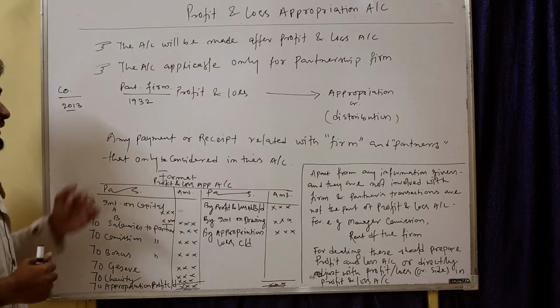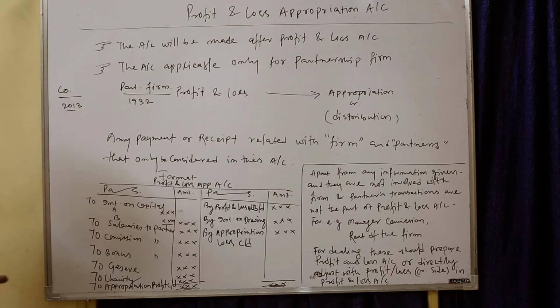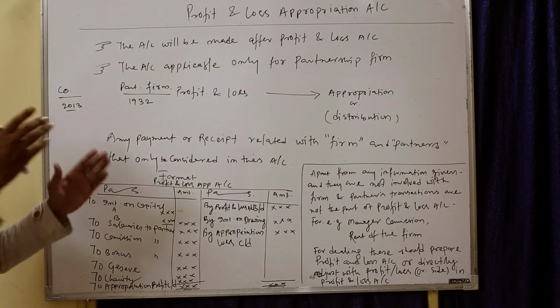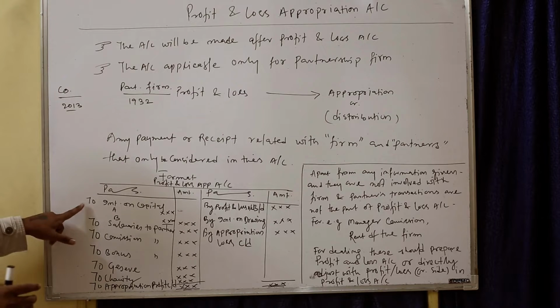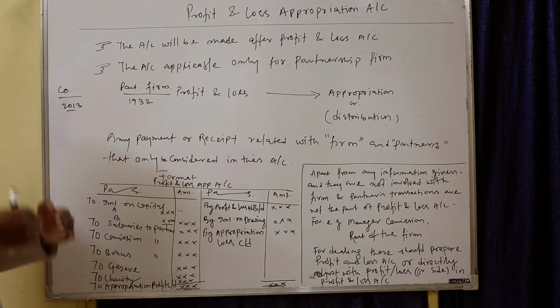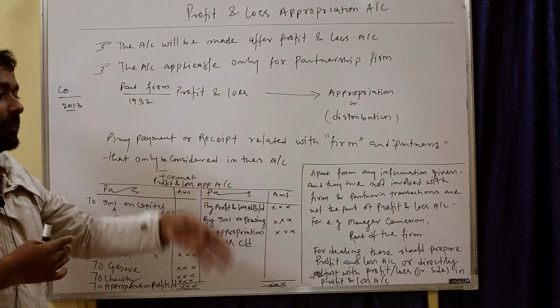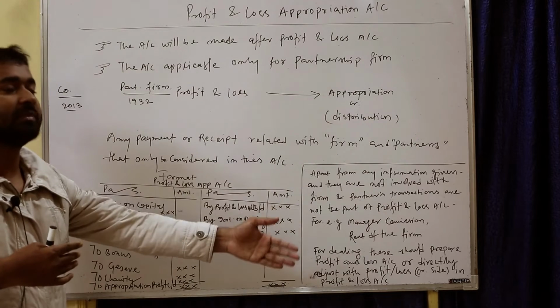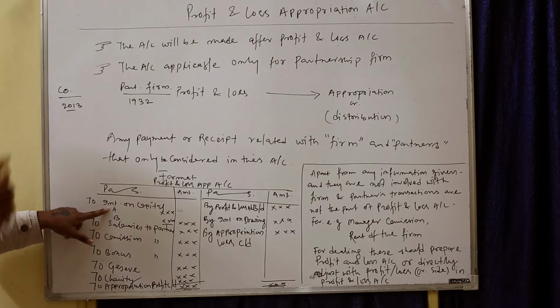Let's see what we are going to do here. In the profit and loss appropriation account, on the debit side, all the expenses of the firm. First, interest on capital. When partners contribute capital to the firm, after completion of the year the firm says yes, I will pay interest on that. So the firm pays interest on capital to the partners.